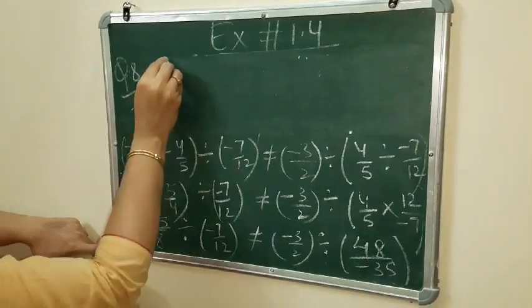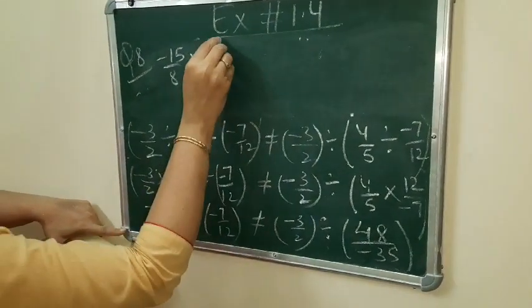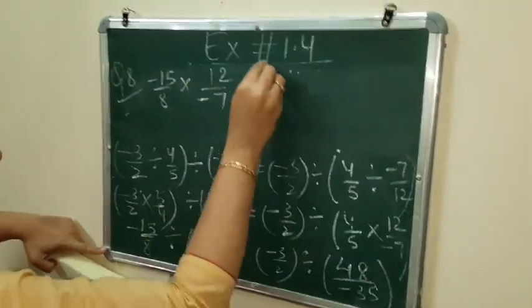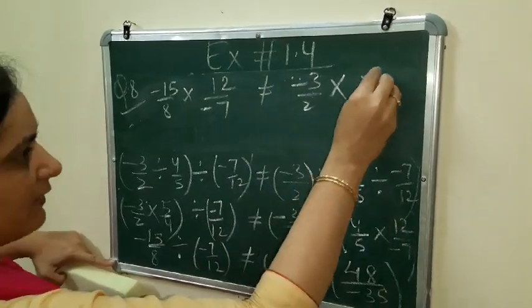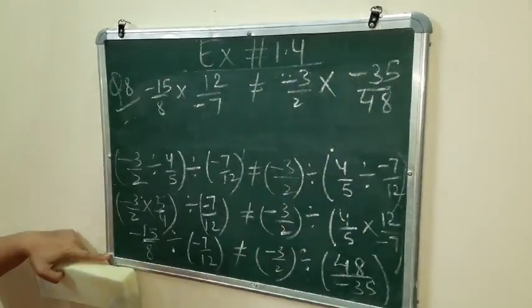Minus 15 by 8, change the sign into multiplication and take the reciprocal, 12 upon minus 7, not equal to minus 3 by 2, multiply and reverse this also, minus 35 upon 48.